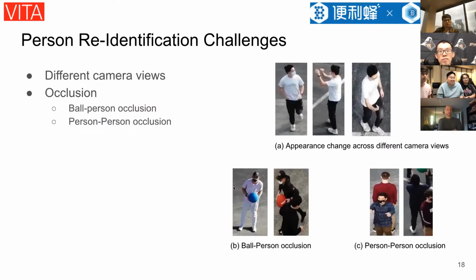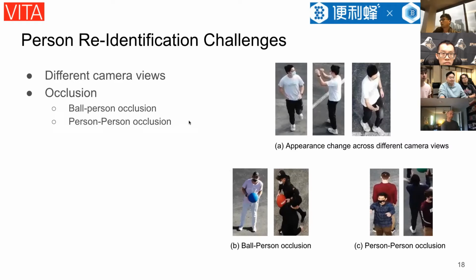And for the challenges we met for re-identification, in this contest, there are mainly 2 categories of challenges that lead to incorrect identification results. The first category is different camera view angles, and the second category is occlusion.